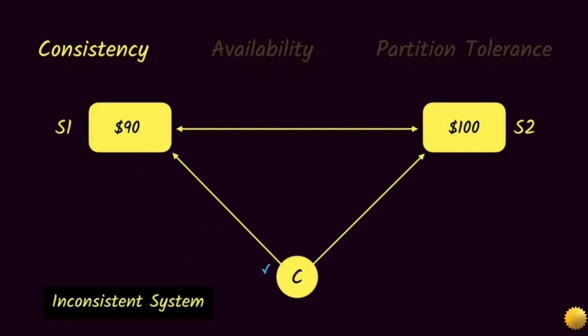Now if the client makes a call to S2 to get the available balance, they will get $100. But the actual balance of the user is $90 and not $100. So in this case we would say that our system is in an inconsistent state. So this is what consistency is about. All the nodes of a distributed system should have consistent data.